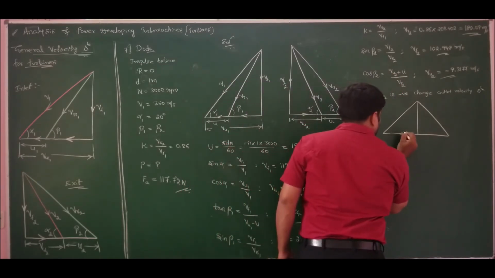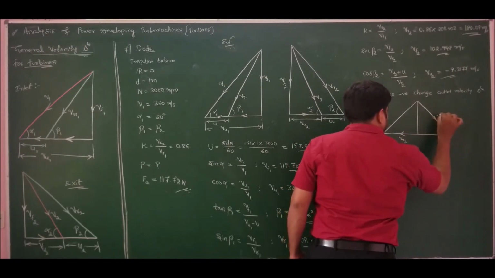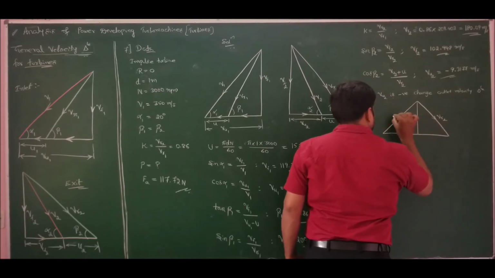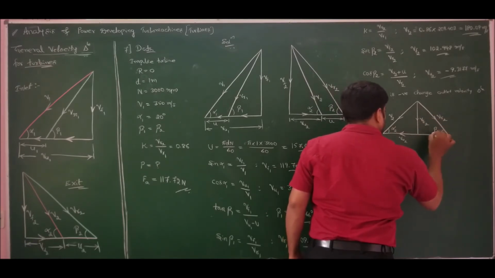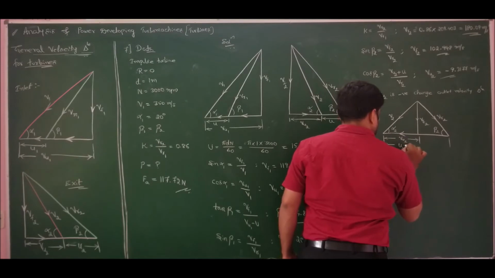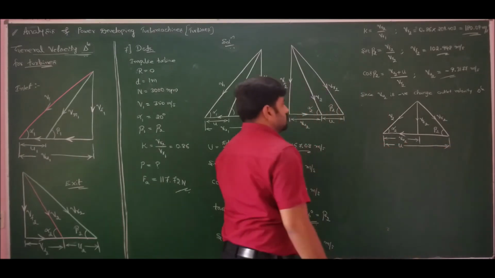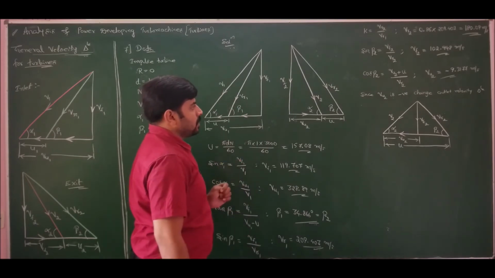So now VU1 and VU2 are moving in the same direction. VR2, V2 and VF2. Here we have alpha 2 and beta 2. So this is the required outlet velocity triangle for the given problem.